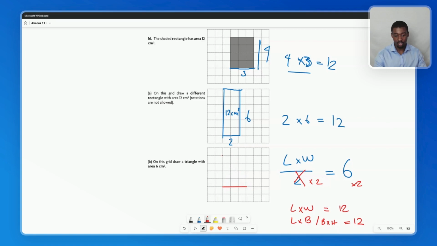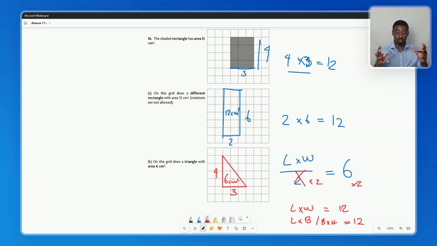Or we can make it even a triangle like this. Doesn't really matter. As long as we understand what's going on, we know that it's going to have an area of 6 centimeters squared. Because here, base is 3, height is 4, base times height divided by 2 gives us 6.